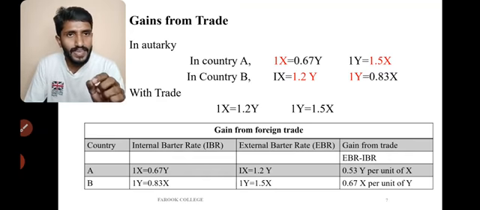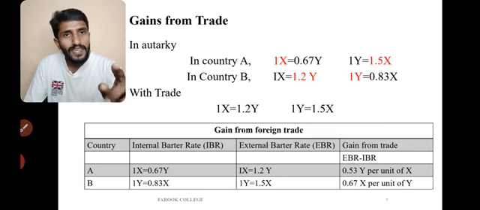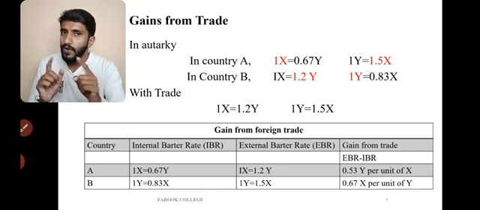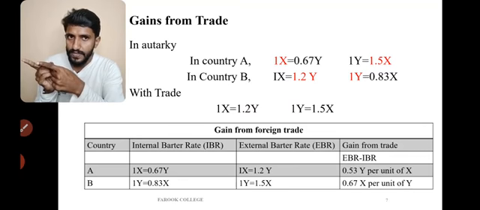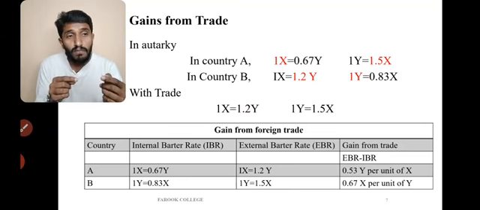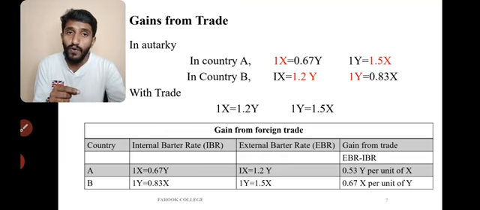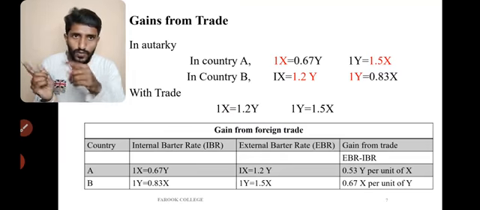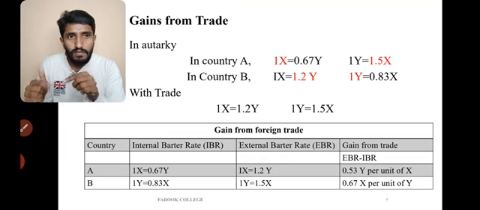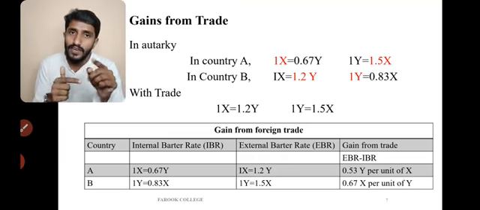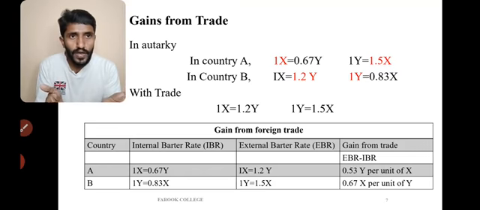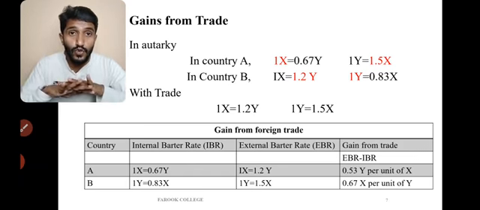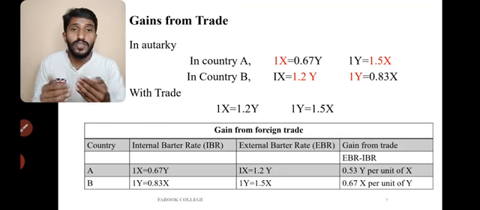In country A, 1X will be exchanged for 0.67Y, we said, and 1Y will be exchanged for 1.5X. Okay, we also saw that in country B, 1X will be exchanged for 1.2Y, and 1Y will be exchanged for 0.83X. If there is no trade, they will exchange like this. That's it.